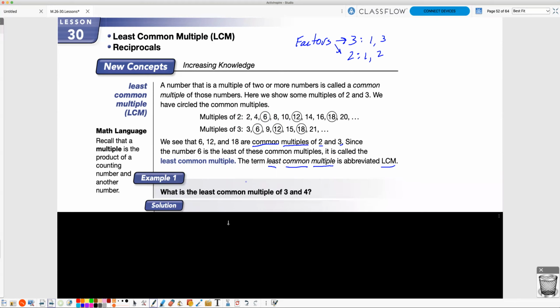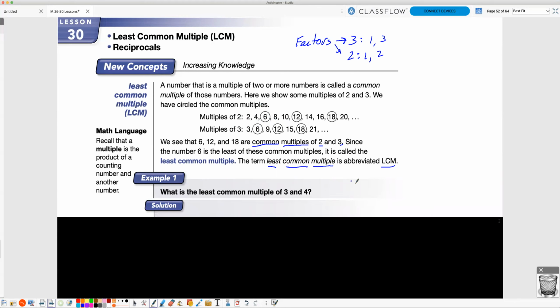So what's the least common multiple of 3 and 4? The multiples of 3 would be 3, 6, 9, 12, 15, 18, 21, and if I went on to infinity. Multiples of 4 would be 4, 8, 12. I don't have to go any further. Why? Because I noticed that there's something in common already: 12.